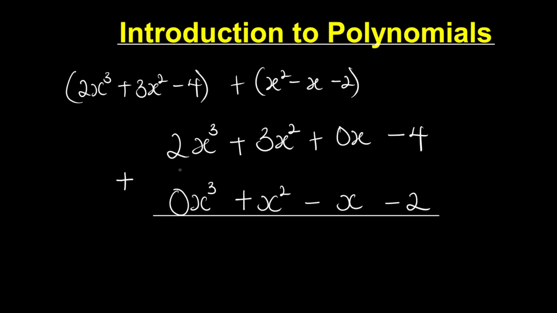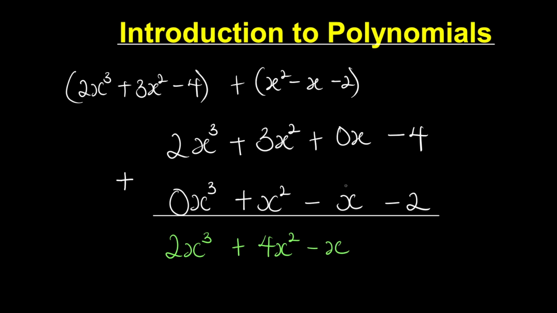Recall we said that we add the coefficients of the corresponding powers. 2 plus 0 is the same thing as 2, hence we are going to have 2x cubed. 3 plus 1 is 4. 0 minus 1 is negative 1, hence we are going to have negative x.